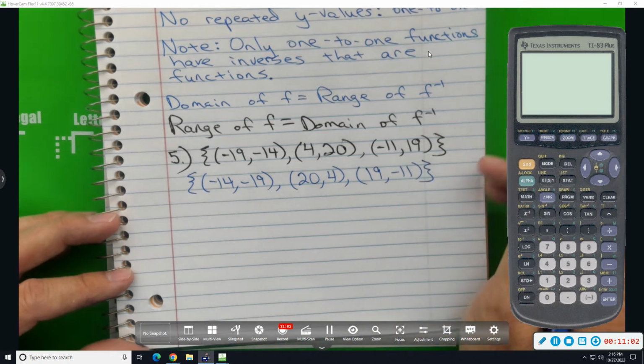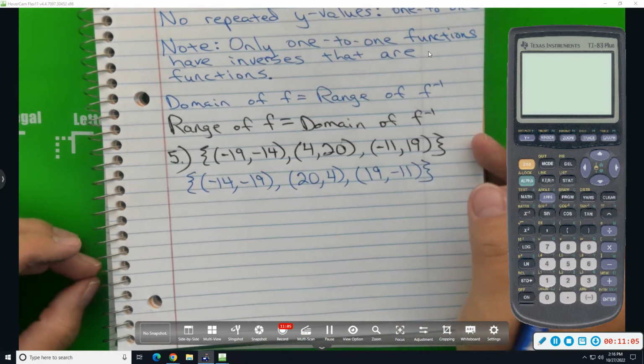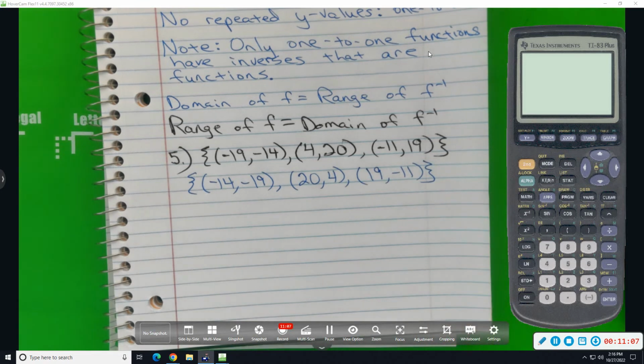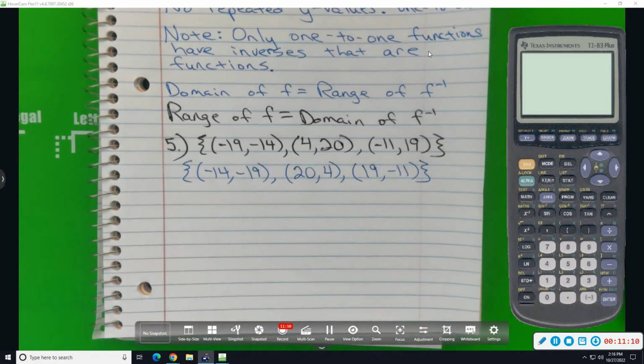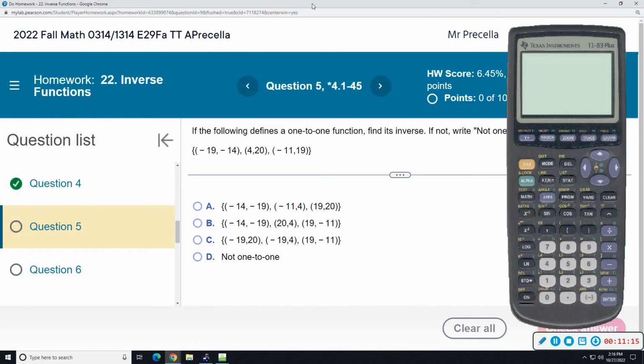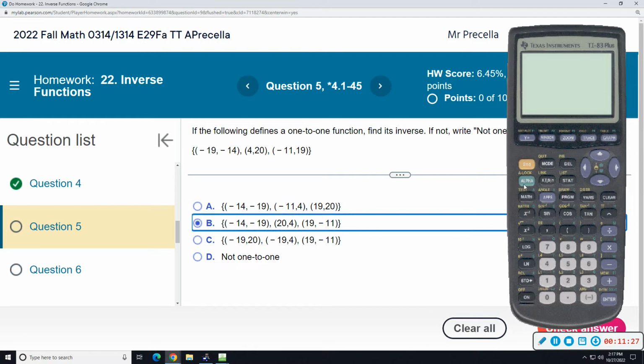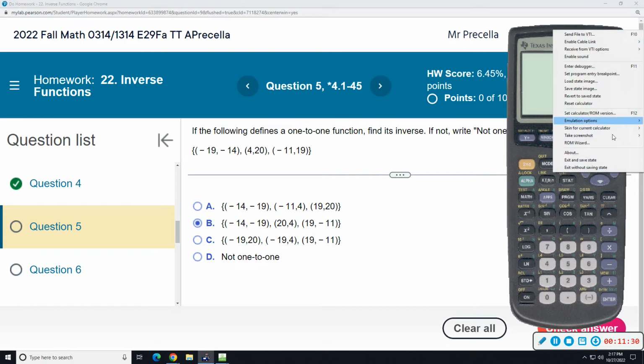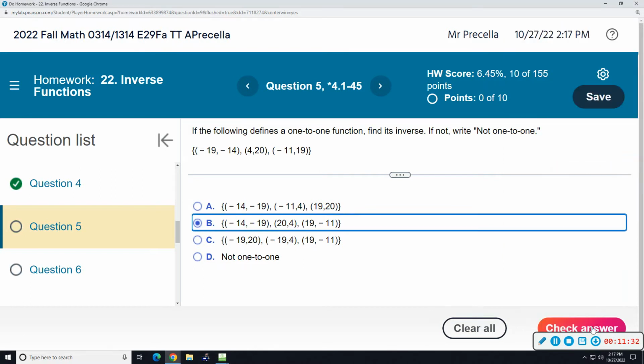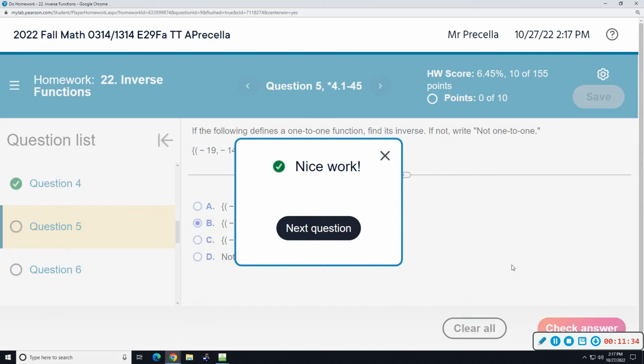I imagine most of y'all would have just looked at the ordered pairs and flipped them without writing down this stuff, but I just felt like I should write down something for this problem. So negative 14, negative 19, 20, 4, 19, comma, negative 11? Yeah. Okay, and check it. Any questions there?